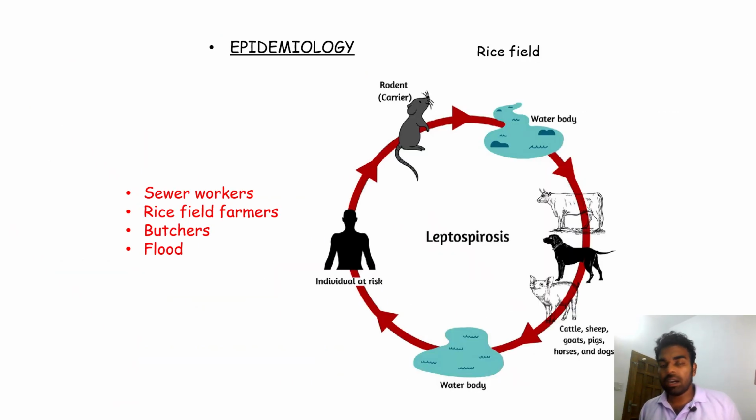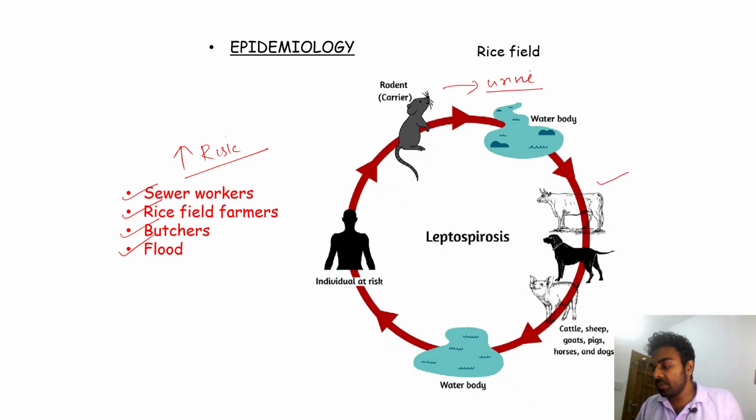So epidemiology: how do we get leptospira infection? There are groups at very high risk, which include sugar workers, rice field farmers, butchers, and during floods. So how do you get it? Rodents being the carrier, they urinate on the water bodies where they live, so their excreta get mixed up with water bodies.